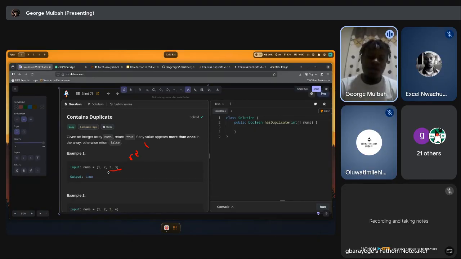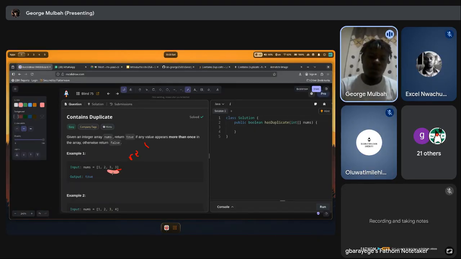This question is very easy to understand. If there is a value in this array that appears more than once, we will return true. It means we have encountered a duplicate, so we return true, otherwise we return false.